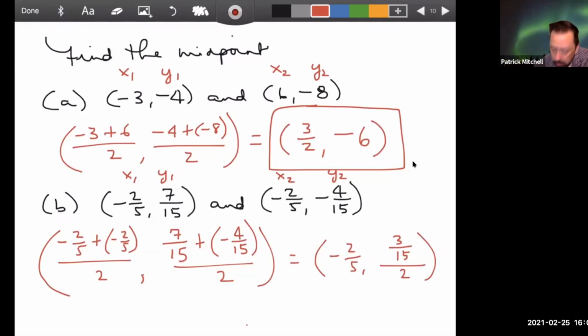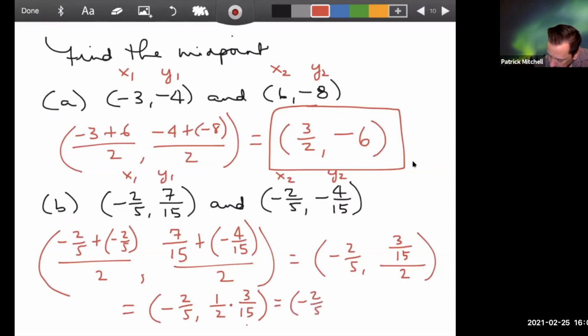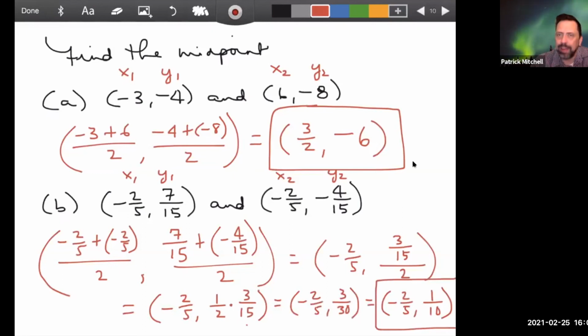Dividing by 2 is the exact same thing as multiplying by 1/2. Okay. So that's going to give you 1/2 times 3/15, which is 3/30. But 3/30 simplifies to 1/10. All right, so the midpoint of that line segment would be (-2/5, 1/10).